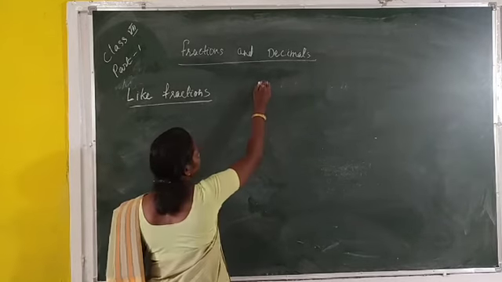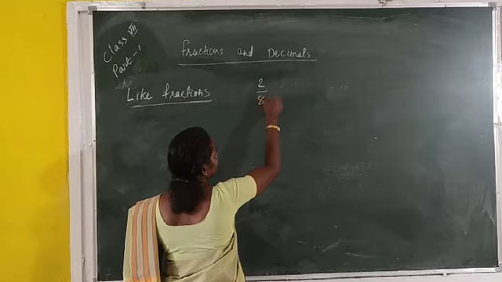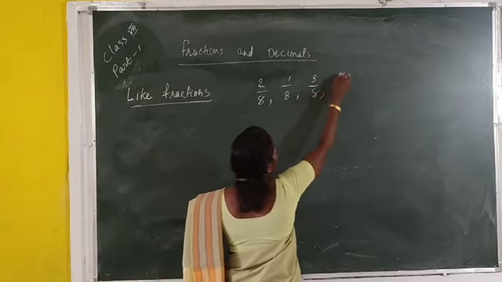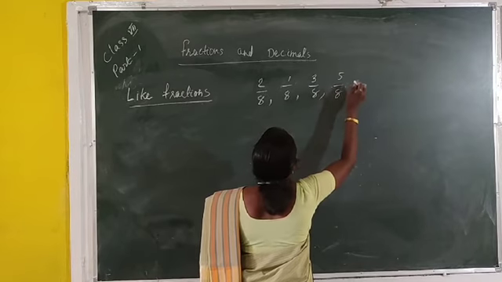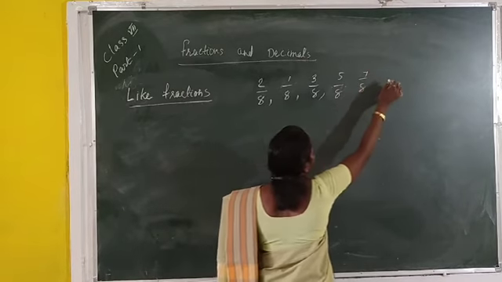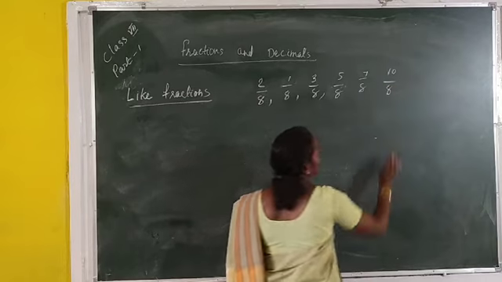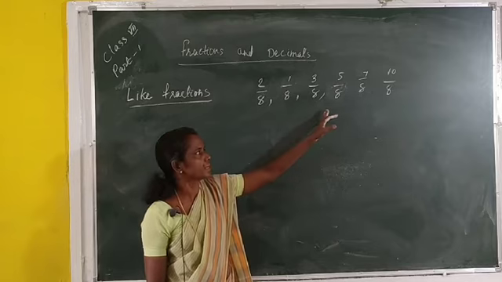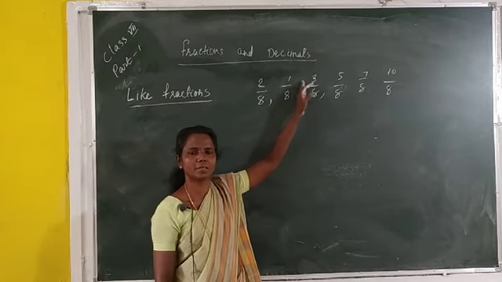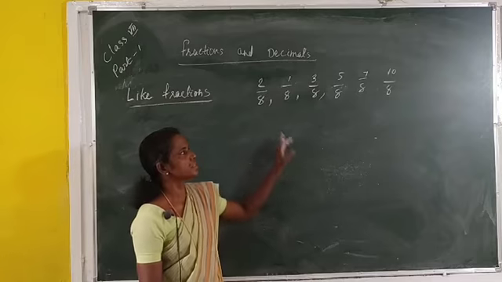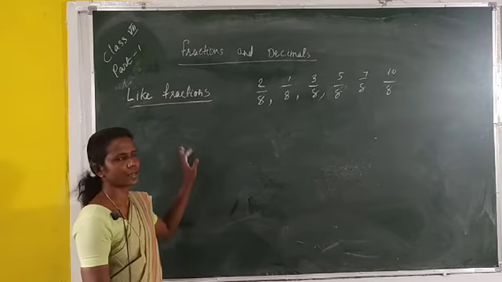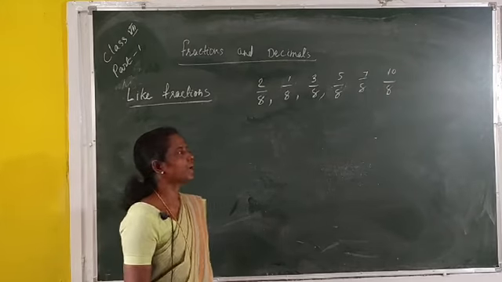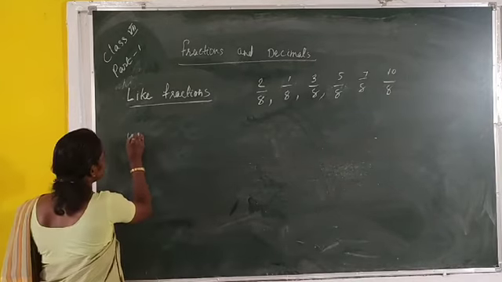For example, 2/8, 1/8, 3/8, 5/8, 7/8, 10/8. Look at the denominators. The denominators are the same. Look, the denominator 8 is the same, but the numerators are different. This type of fractions are called like fractions. Is it clear?